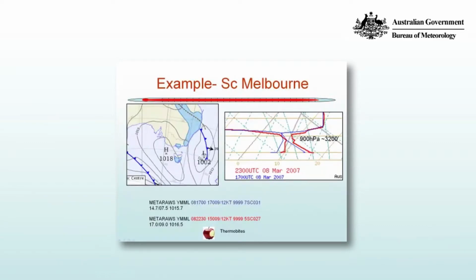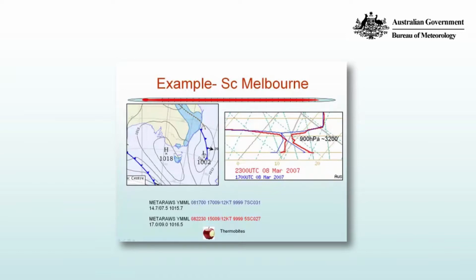Let's look at some examples of stratocumulus environments. So on the left we have a mean sea level pressure chart, and you can see over Melbourne that there's a broad southeast to southerly flow. You can see that on the right hand side the Sc log P for 23 UTC on the 8th and 17 UTC on the 8th.